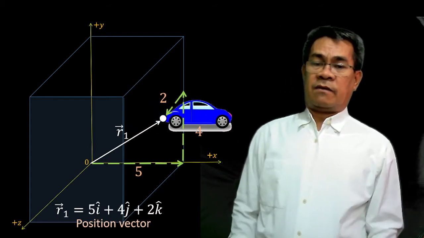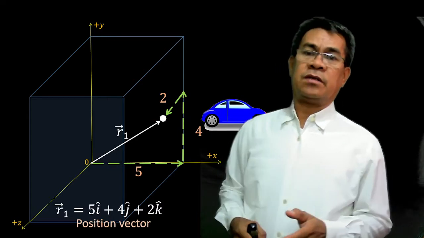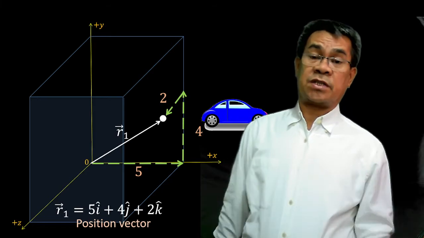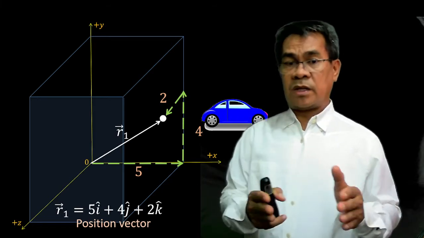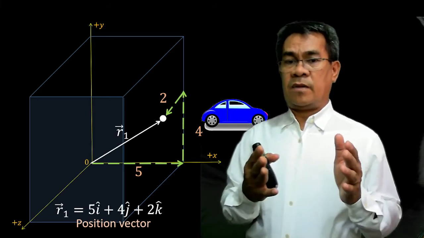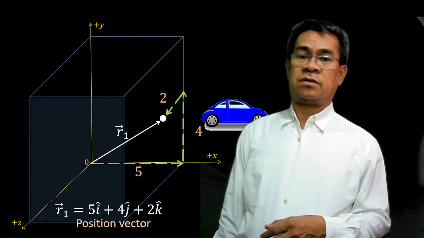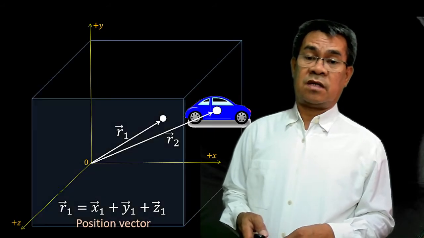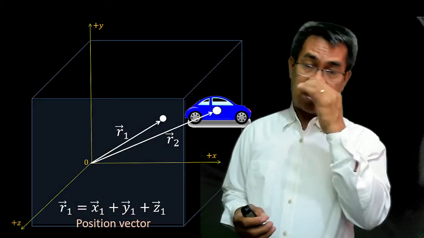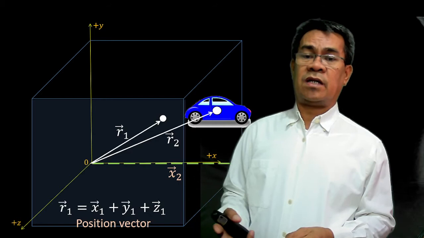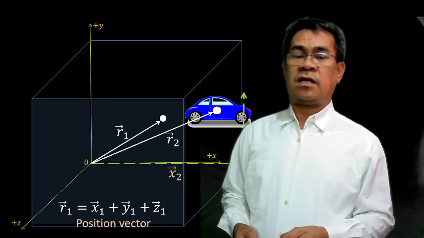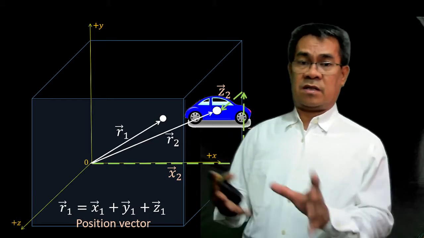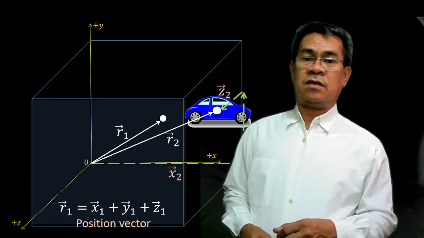Now, if this particle moved to another point, we have another position. For every point of the particle there is a corresponding position. So we have a different position, and we can call this R2. R2 again has three coordinates: along x, along y, and along z, and they have different values from the previous.